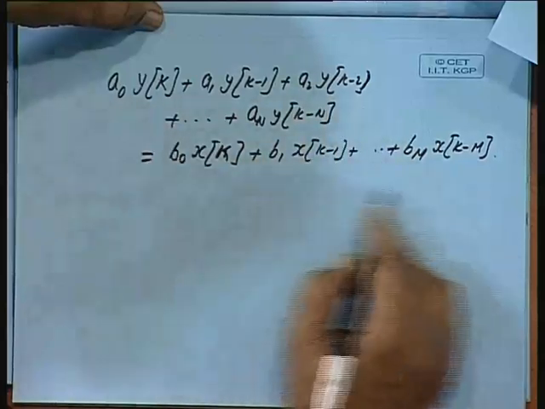Now, such difference equations can be converted into the z domain. So, we get a transformed equation.